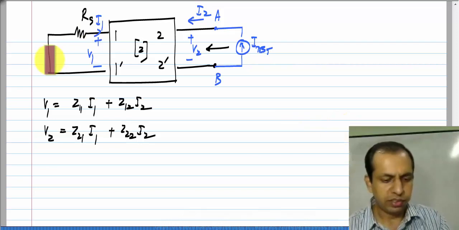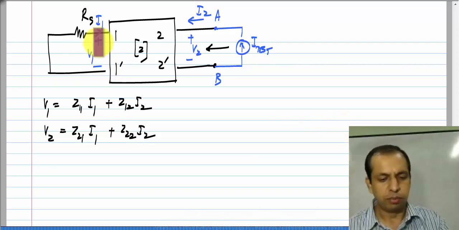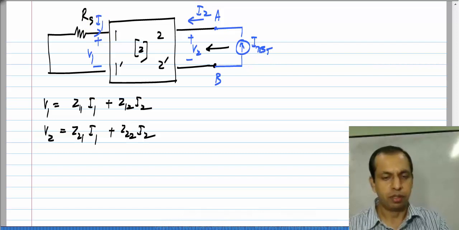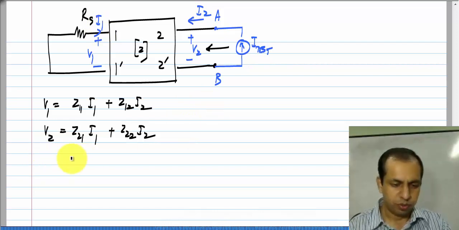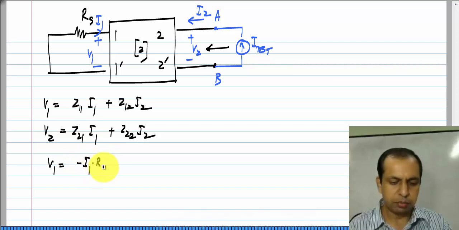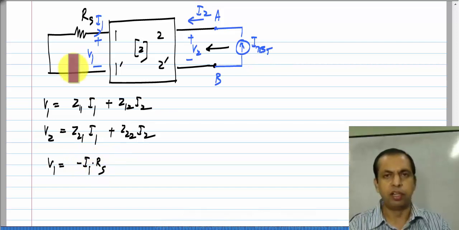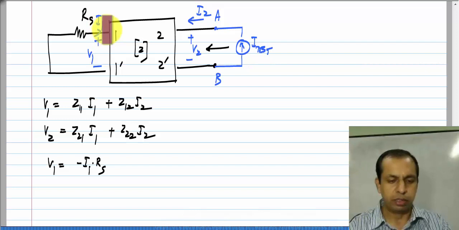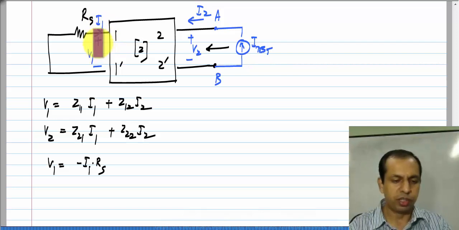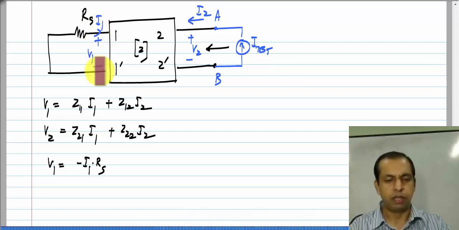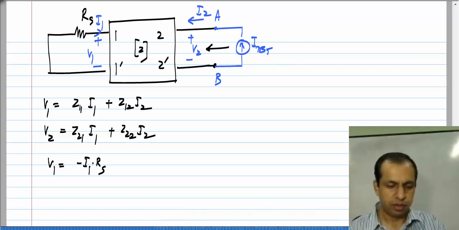Now, because we have this resistance here, we have a relationship enforced between V1 and I1 by Ohm's law. So, V1 is minus I1 times Rs. This is because of the direction of variables chosen. I1 is flowing out this way, whereas V1 is defined with this polarity. Okay.